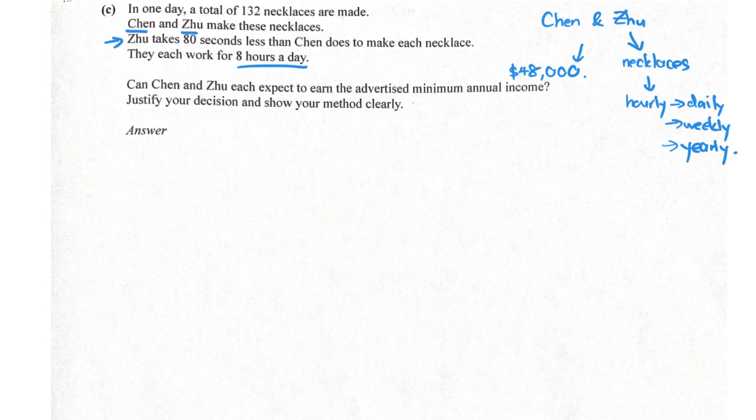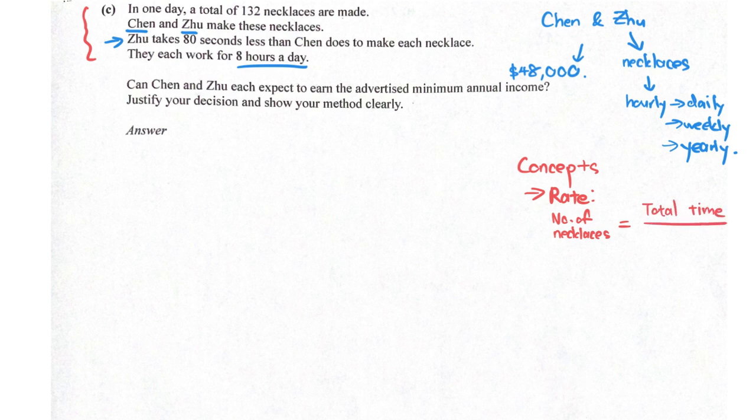Pulling everything together, at the side I'm going to write some concepts that are written in the question. Number one, like I said, this is a rate question. The number of necklaces that either Chen or Zhu make will equal the total time they take, which is given in the question, 8 hours a day, divided by their rate of making, or the time taken for one necklace to be made.